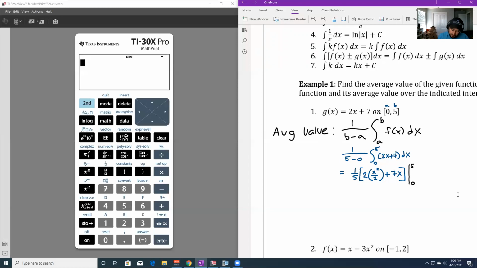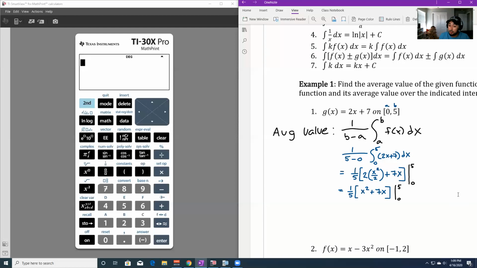So one big cleanup, you get 1/5 times x squared, my 2's cancel, plus 7x, still evaluated from 0 to 5. Okay, almost there.